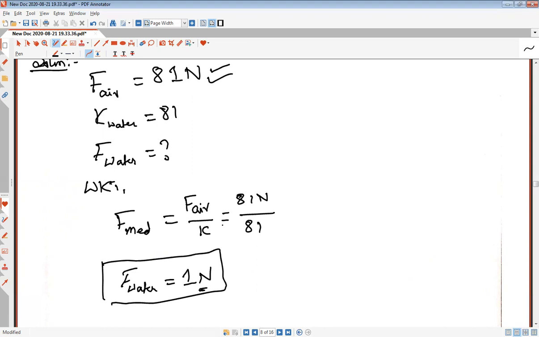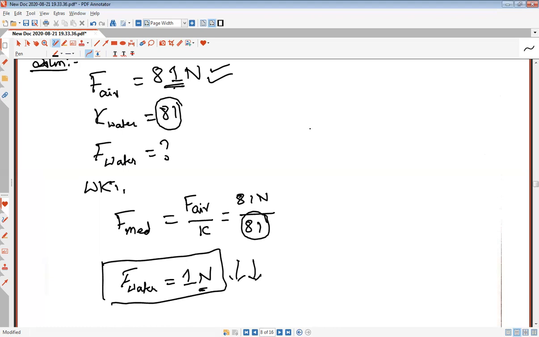The force in the medium has decreased. Force in air was 81 Newton. When it was taken into water, whose dielectric constant is 81, the force became 1 Newton. So the force decreased by a factor of 81. The force between two charges decreased by a factor of 81.